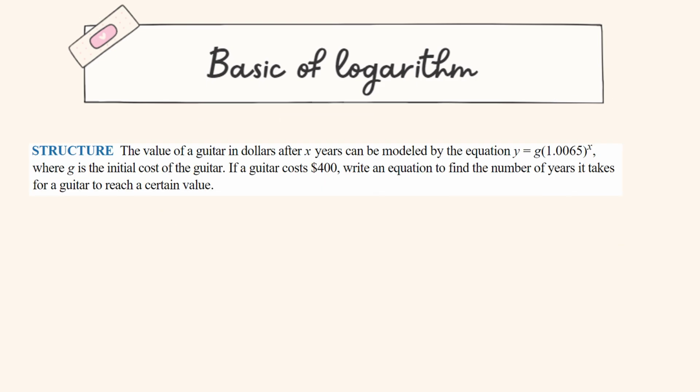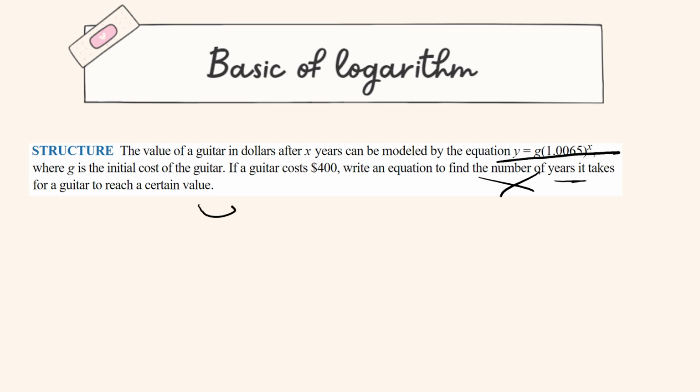The value of a guitar in dollars after x years can be modeled by the equation. We have this equation where G is the initial cost of the guitar, and the initial cost is 400. Write an equation to find the number of years it takes for the guitar to reach a certain value. So we want the equation to equal x.